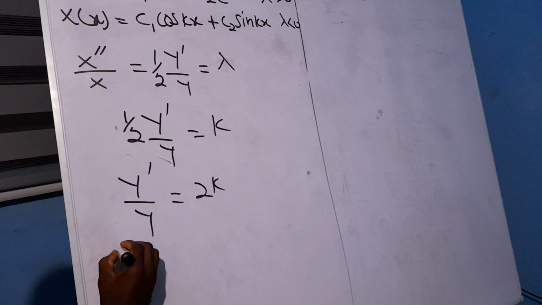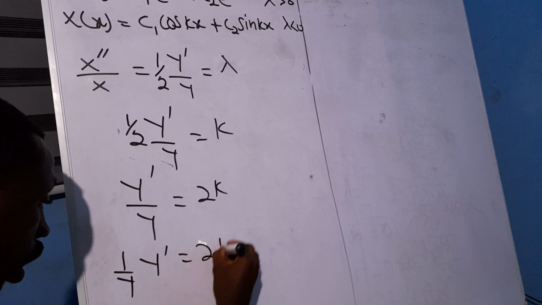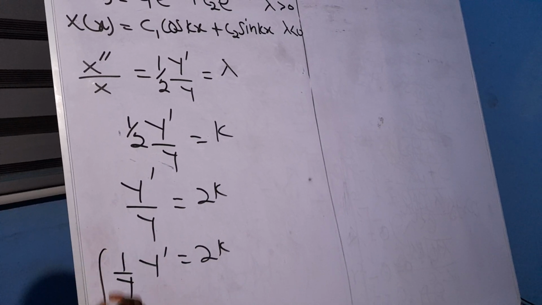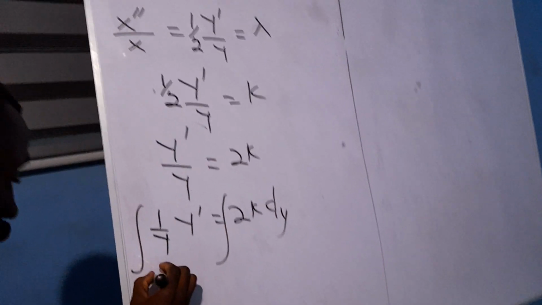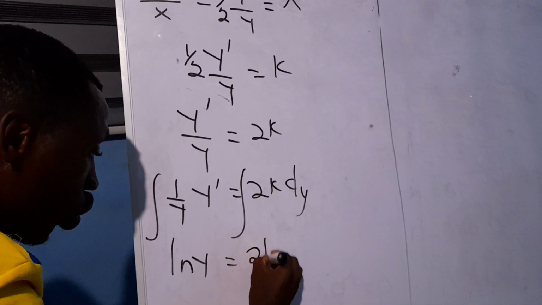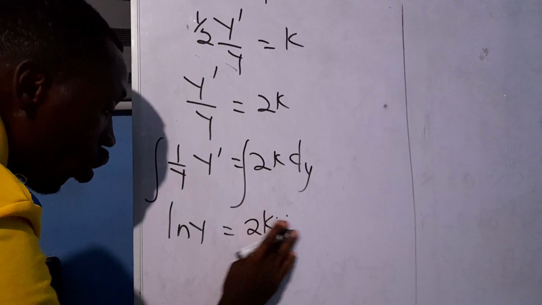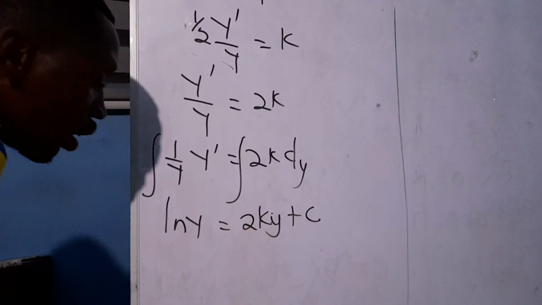You can rewrite this as dy over y equal to 2k dy. We integrate both sides. When we integrate this, we get ln y equal to 2ky plus our constant, let's say c.